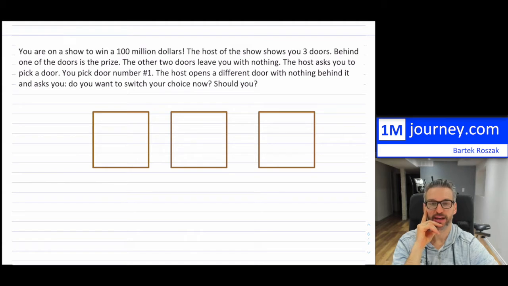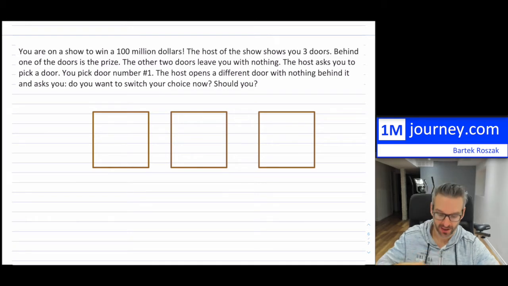So it seems like you really have a 50% chance of winning. Staying or not staying, it seems like it doesn't really matter. But it's a little bit more than that, because this is a conditional probability. The condition is that the host will always open, after you make your choice, the empty door, because they know where the prize is.